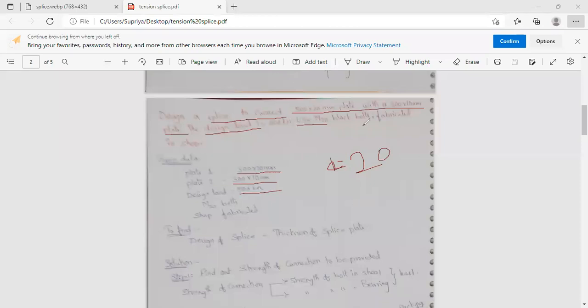And black bolts fabricated in shop. Since it is shop fabricated, we have to take the safety factor according to the manufacturing type. And we have to design the thickness of the splice plate.